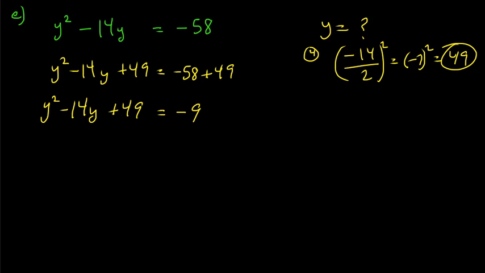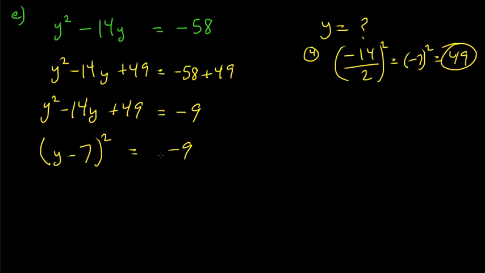So now we just factor the left side. It's going to be y minus 7 squared equals negative 9. Again, where did I get the negative 7? Well, you can just take the negative 14 and divide by 2, or you could take 49 and take the square root. Just remember that the sign stays the same here. It's a negative.